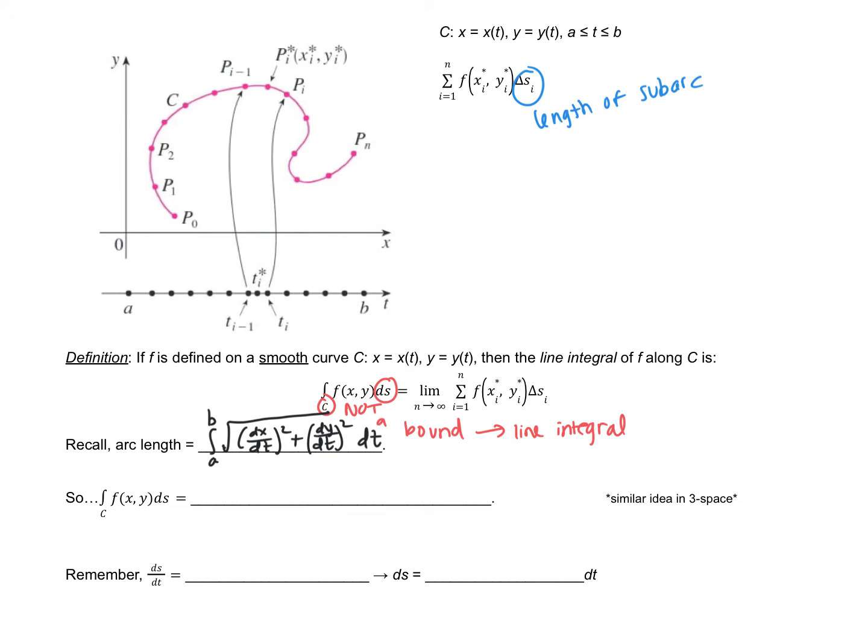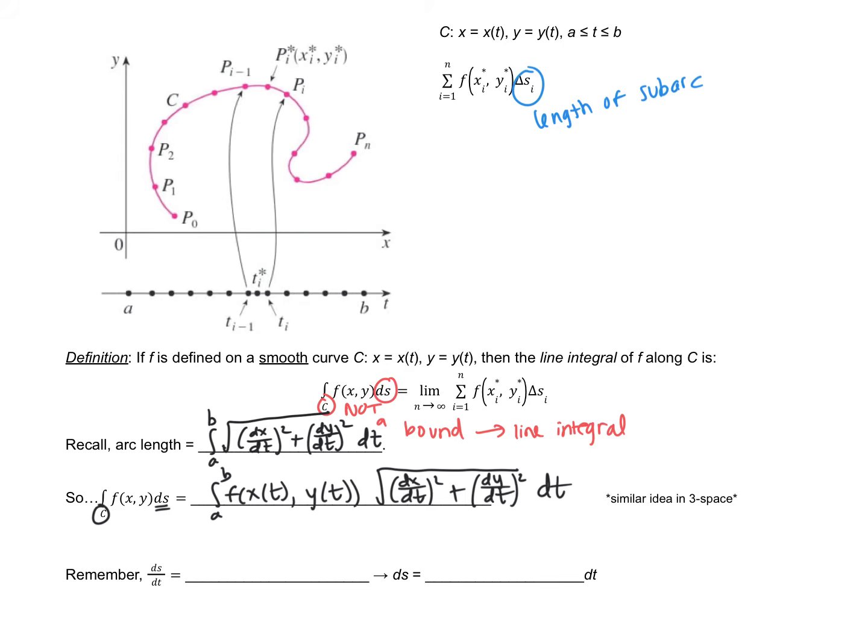So then, what that tells us is the line integral along the curve C of f ds, the way we calculate this is it becomes a regular integral from a to b of f of x of t, y of t, multiplied by that arc length, the square root of (dx/dt) squared plus (dy/dt) squared, all of that dt.